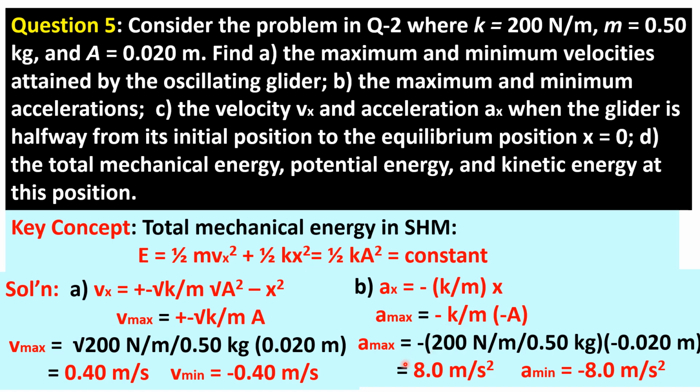When we substitute, we have negative 200 Newton per meter divided by 0.50 kilogram and then multiplied by negative of the amplitude, which is 0.020 meters. And what we will get is a positive value for acceleration, and this is considered the maximum acceleration, while the minimum acceleration, of course, is negative 8.0 meter per second squared.